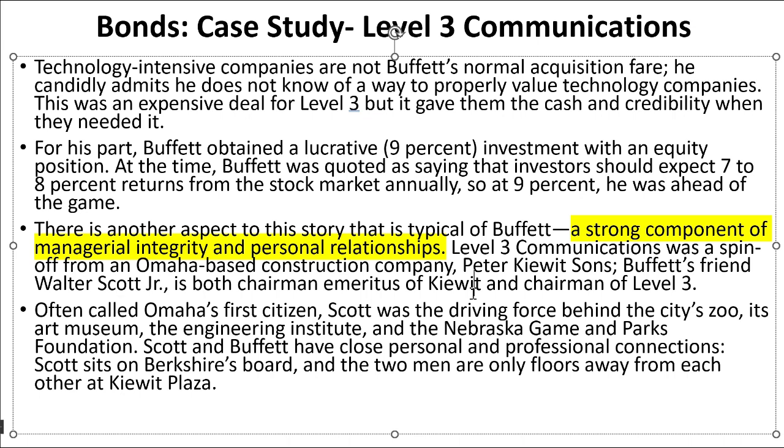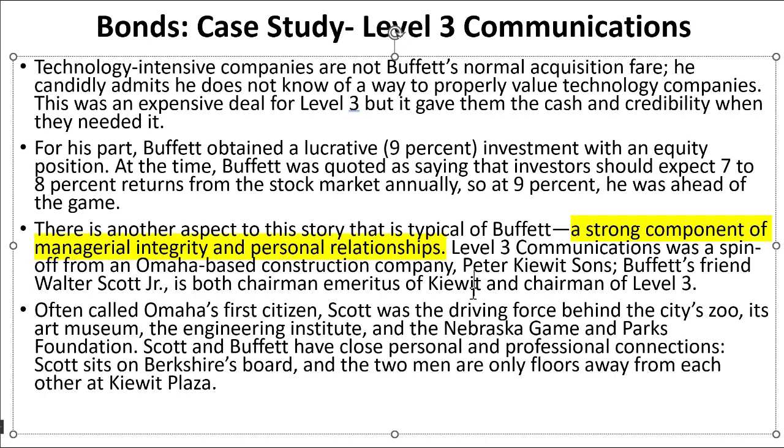So Level 3 Communications was a spin-off from an Omaha-based construction company, Peter Kiewit Sons', where Buffett's friend Walter Scott Jr. is both chairman emeritus of Kiewit and chairman of Level 3. So Warren Buffett is already familiar with the company and the management, and it is also from the same place he belonged to.